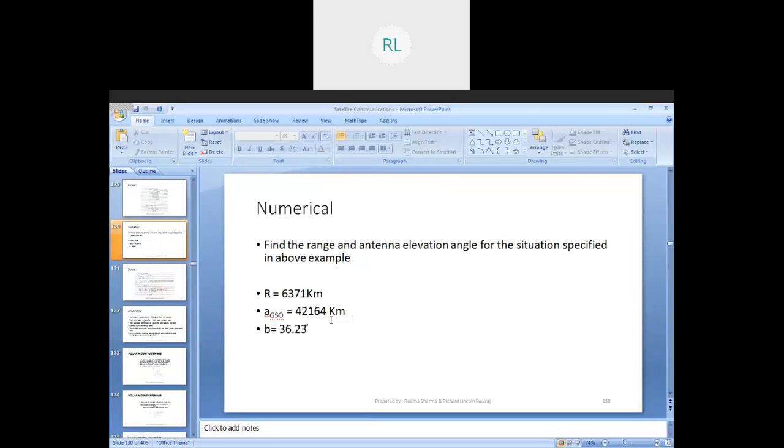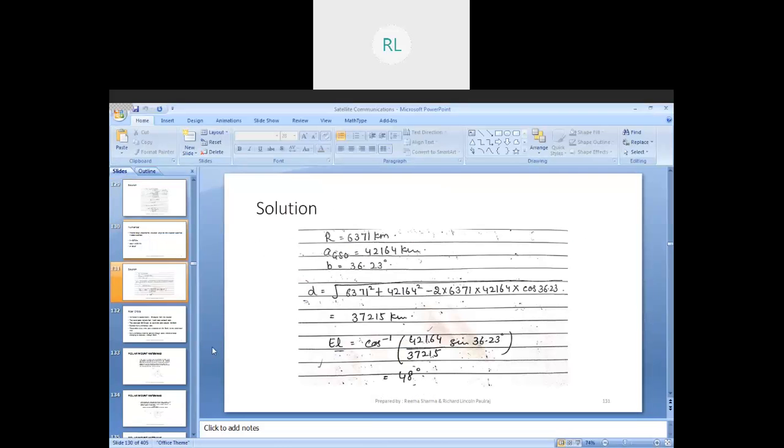Then R is there, AGSO is there, small b is also there, right? So we have all the values. So once I find out D, the distance from the center of the earth to the satellite, then it's easy for me to find out the angle of elevation, which is EL.